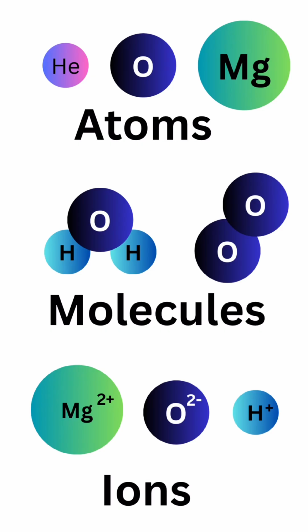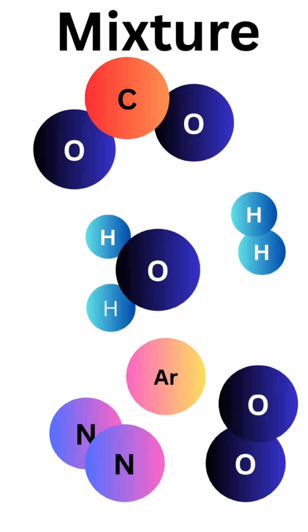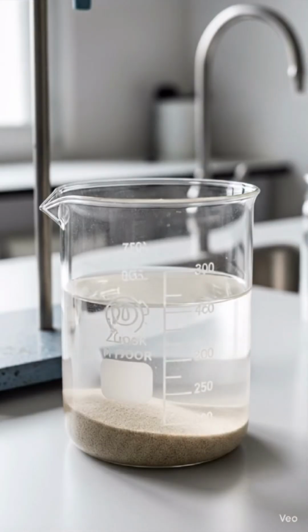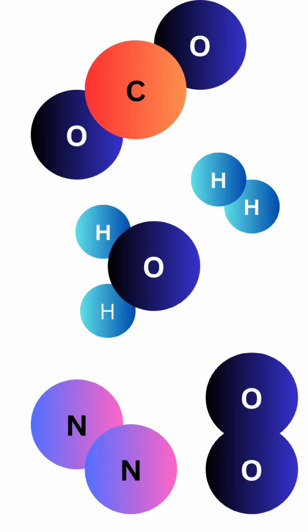A particle is a very small piece of matter and can be an atom, a molecule, or an ion. A mixture is a combination of substances that are not chemically bonded and can be mixed in any proportion. In a mixture, each substance keeps its own chemical properties.